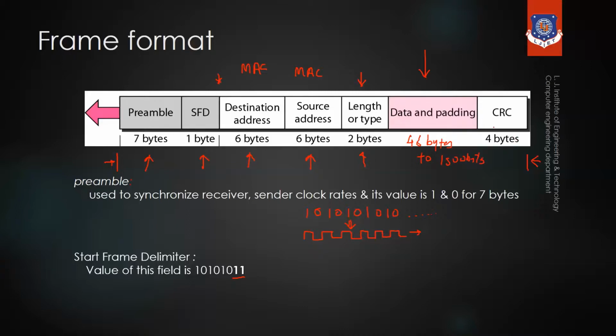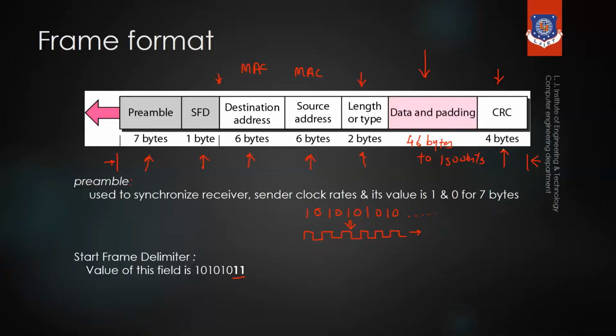And the last is CRC, which is called cyclic redundancy check, and this field is used to detect errors. We will see in detail how the error detection is done using the CRC method later, but now we will just see the meaning of this field, and the size of this field is 4 bytes.